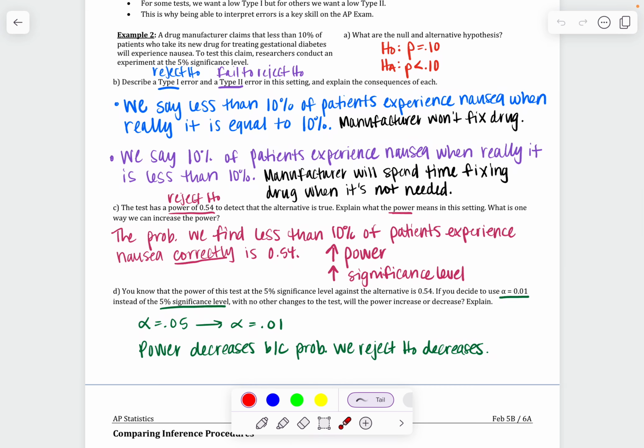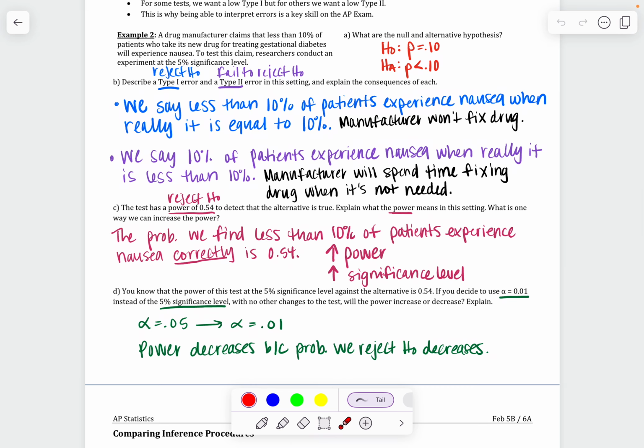For the type 2 error, we say 10% of patients experience nausea. So basically, we don't reject the null. We say the null is true, when really it is less than 10%. So really the drug is working, but I don't say that it's working. An issue with this can be that the manufacturer is going to spend time fixing a drug when it isn't needed.